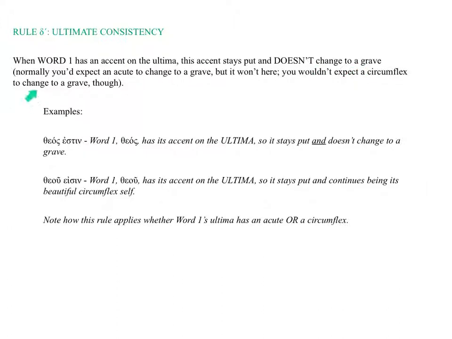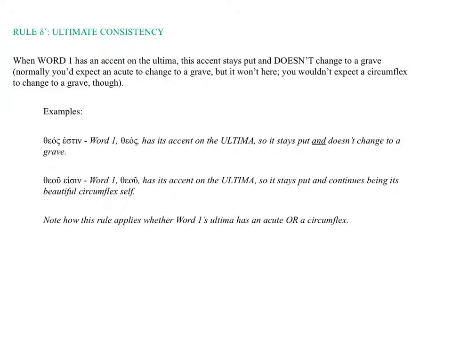So I mentioned this before. Normally, you'd expect an acute to change to a grave, but it won't here. You wouldn't expect a circumflex to change to a grave, though, and it certainly won't when word 1 is followed by an enclitic.